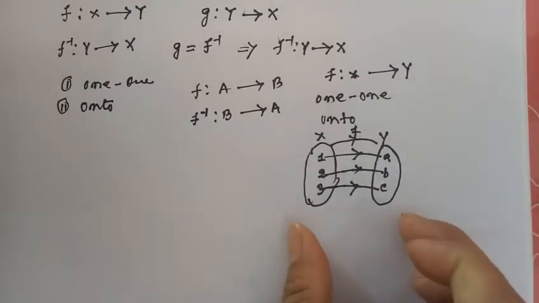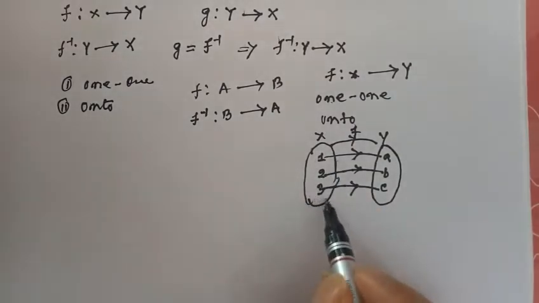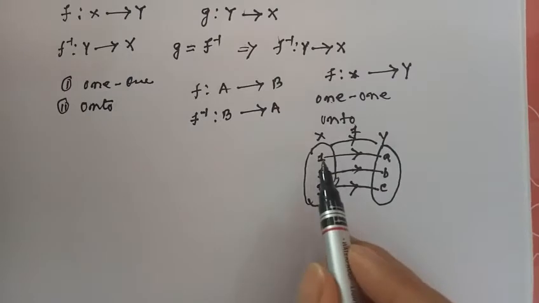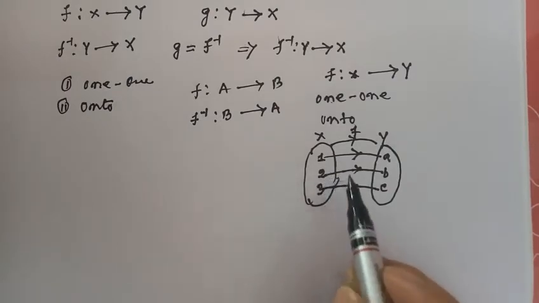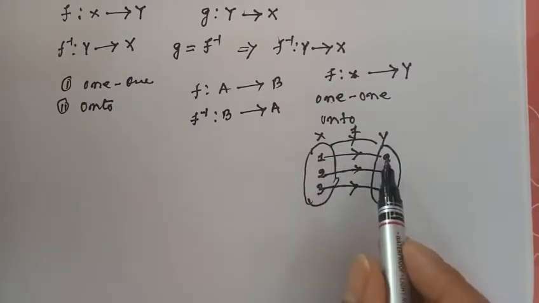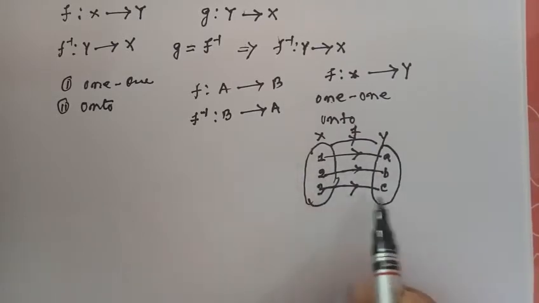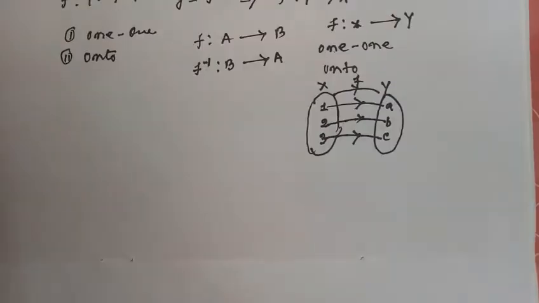So all the elements of set y have distinct images, that is for 1 a, for 2 b, for 3 c.